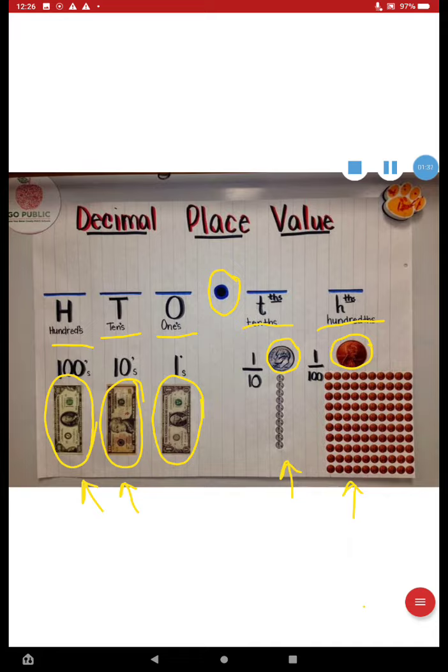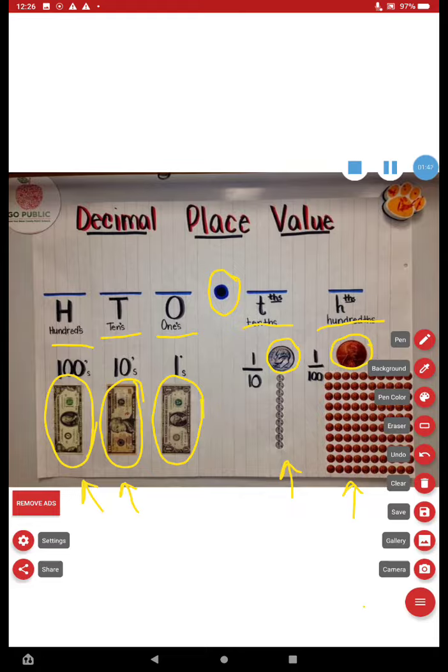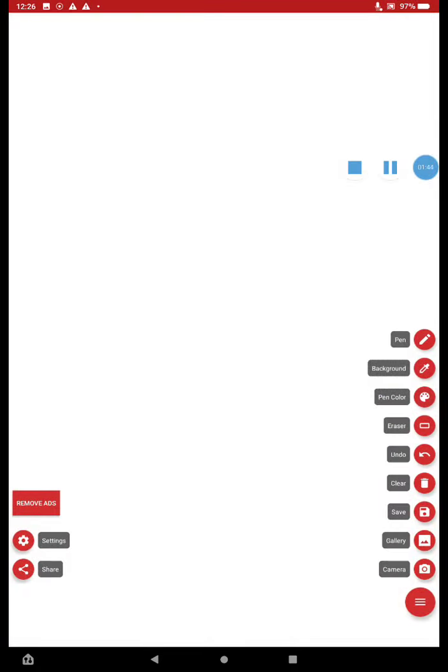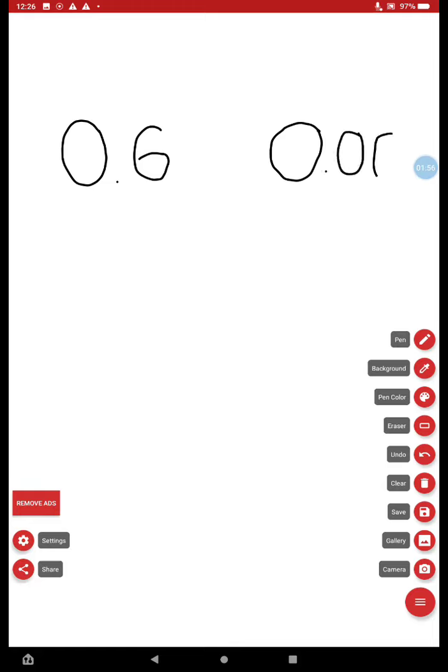All right, so let's put that into practice when we're comparing decimals. First comparison we're going to look at looks like this. If I have 0 and 6/10 compared to 0 and 6/100. Remember that chart we just looked at? What's bigger, 6 dimes or 6 pennies?